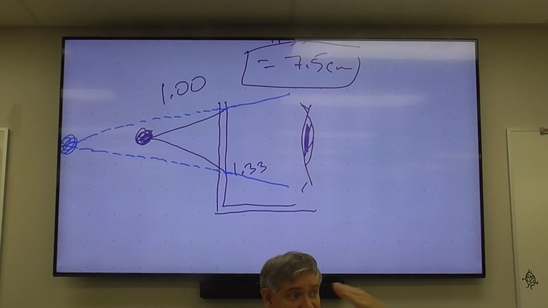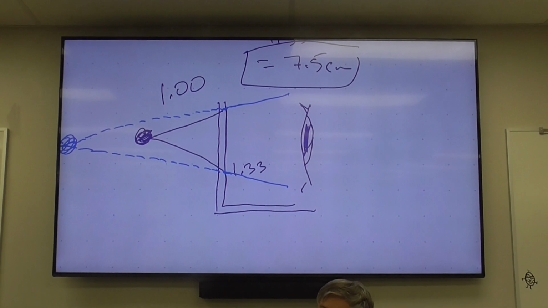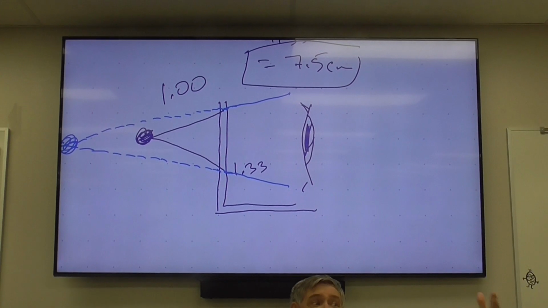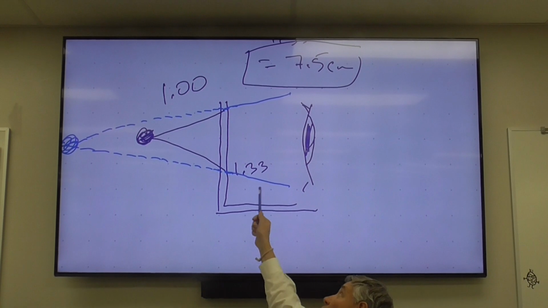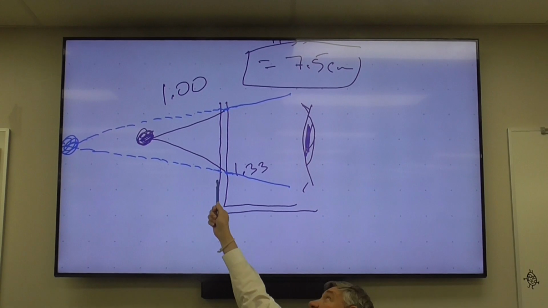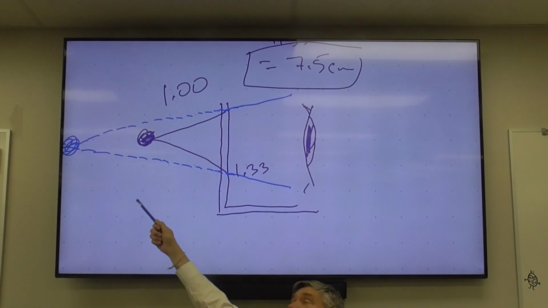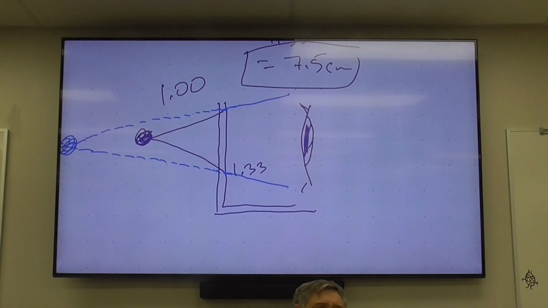What your mind tries to recreate is an image that's further away. Because when you're looking at it, you see the light coming like this, and you're going to reconstruct it and go, oh, that's going to be way out there.